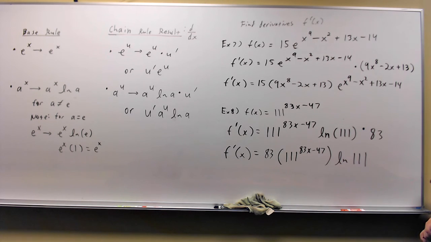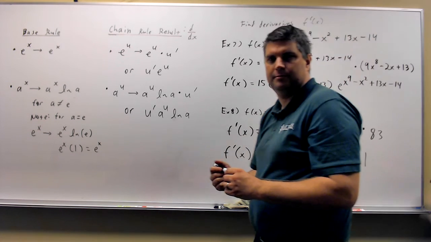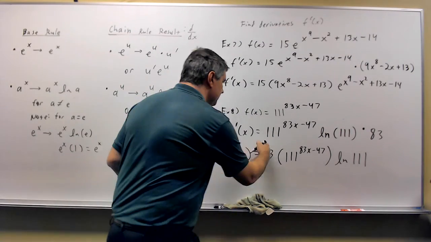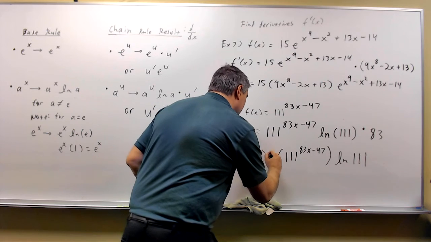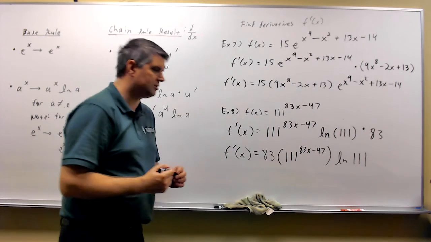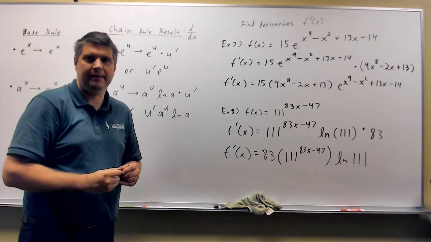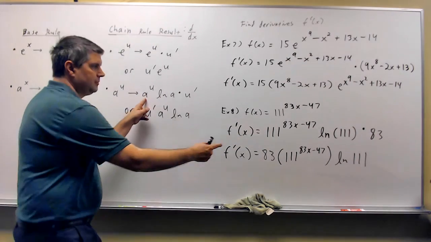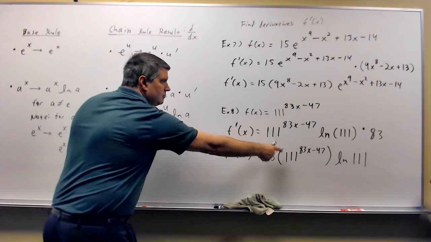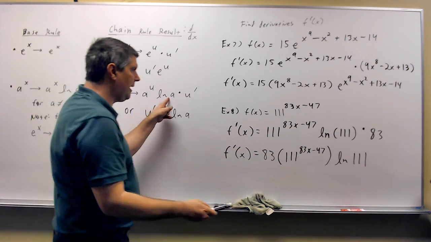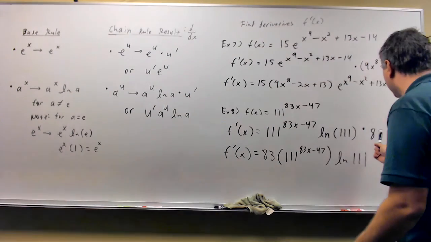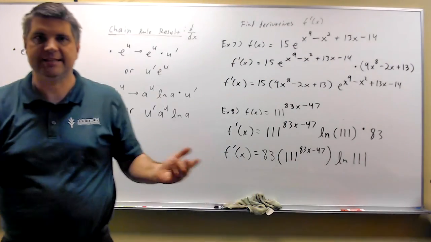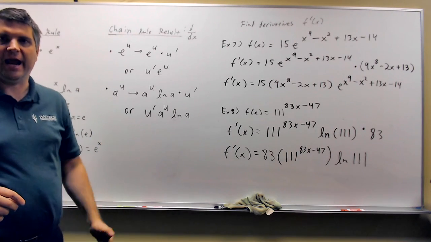That is normally how I write it. But as long as everything is there, it's accurate. So as long as you have the original exponential expression, the natural log of your base, and the derivative of your exponent, it's accurate. All right? And I am going to stop.